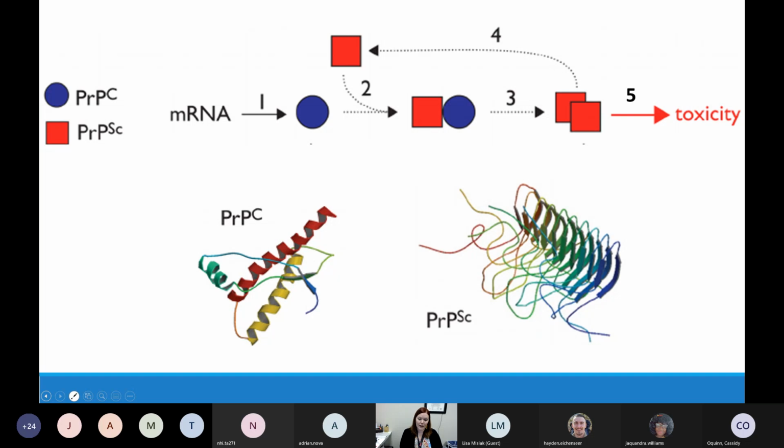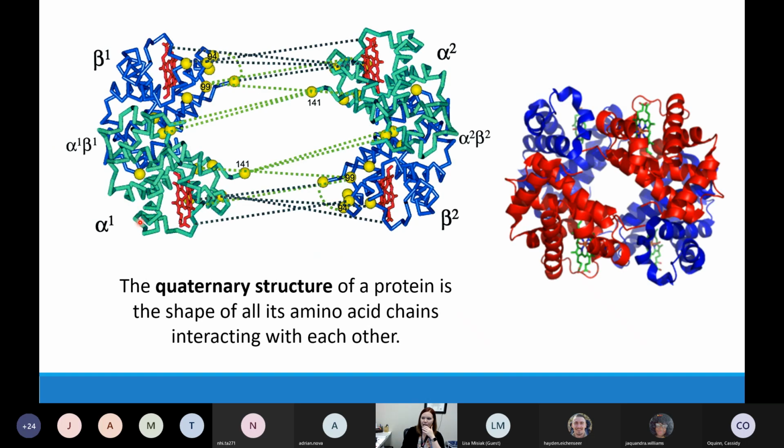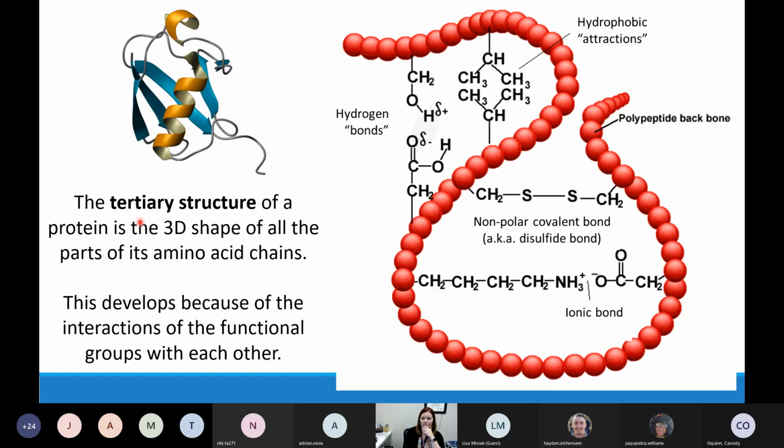So the picture that I showed you earlier with the yellow and blue, that's a denatured protein. I suspect you're talking about this one up here. Okay, this protein is not denatured. This protein has its correct 3D shape. So it really varies from protein to protein what they're supposed to look like. This particular protein is supposed to look like this. So there are some proteins in your body that are just beta sheets.